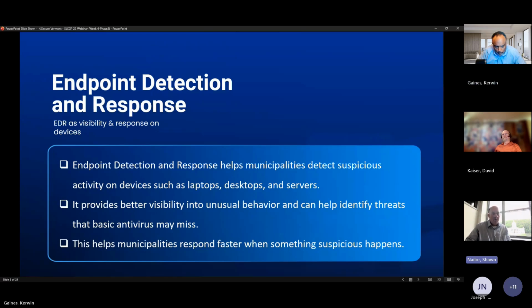When we pair that with response, those services go the next step and are given some authority on those devices to at least stop that activity, whether it's to quarantine it, isolate it in some way, or actually fix it if the behavior is recognized as a known pattern and they can remediate it. So that's endpoint detection, with response paired with it.